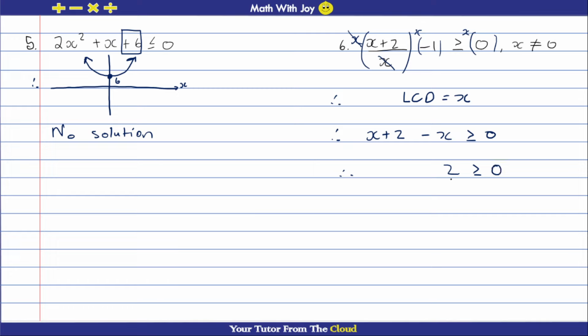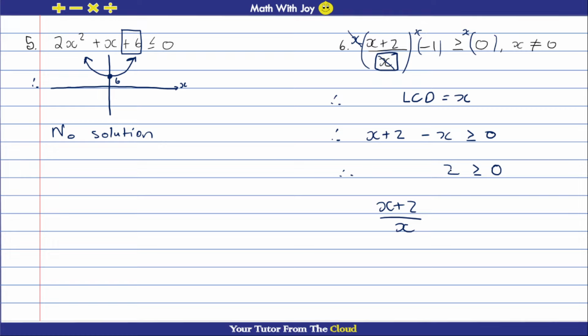So in this situation, let's see. Yeah, we can't solve for this inequality as well, because after taking out the denominator, you can't solve for it. Another way we could have done it was to say x plus 2 over x.